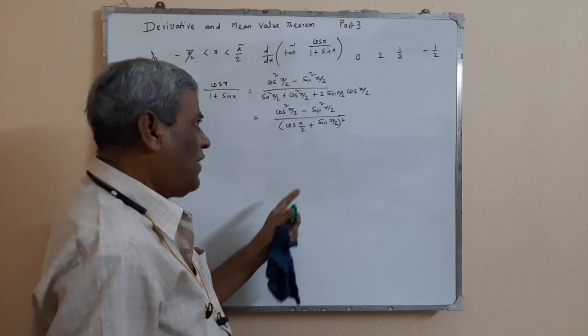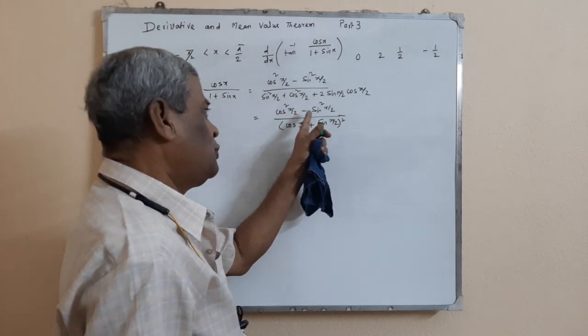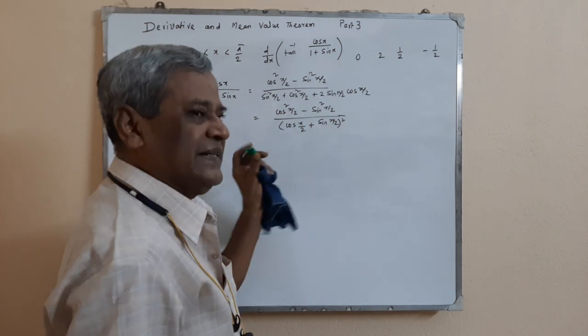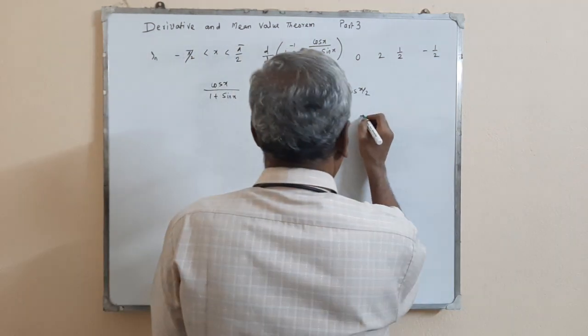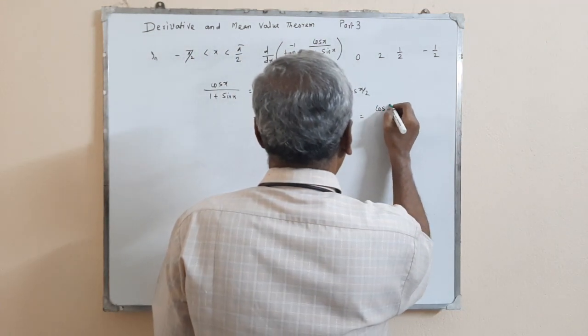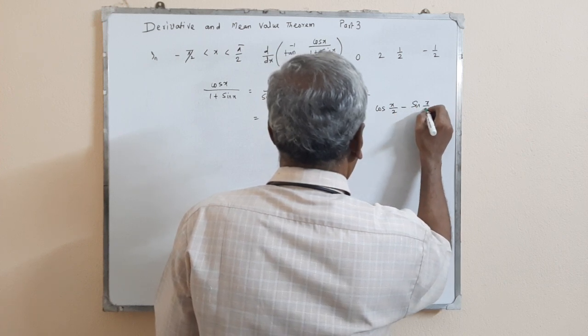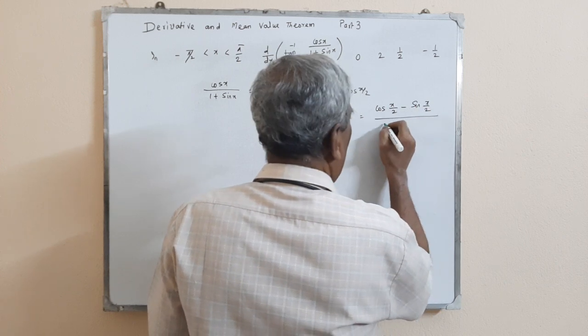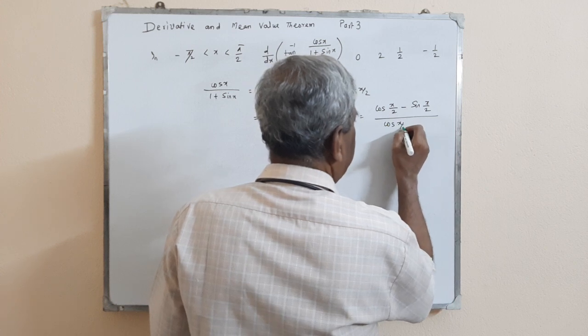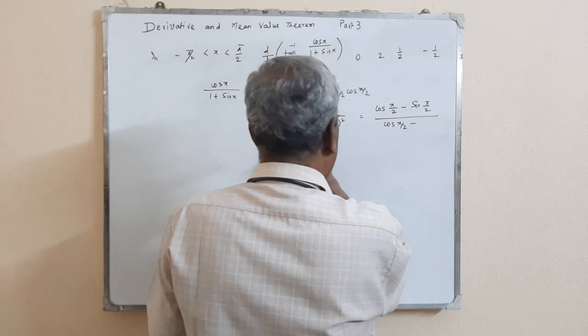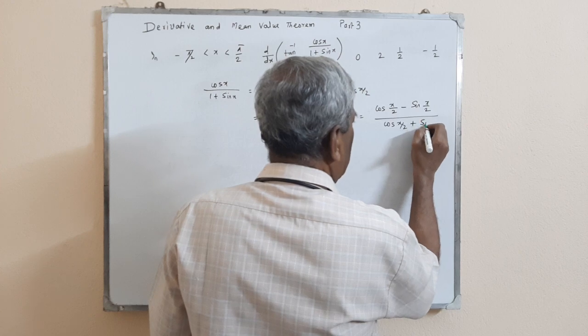So one factor, cos x by 2 plus sin x by 2, cancels and this becomes cos x by 2 minus sin x by 2 divided by cos x by 2 plus sin x by 2.